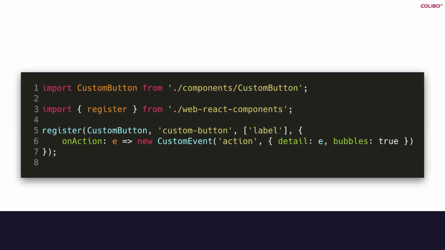So you see the third argument to the register call here is an array that has the string label in it, and that's because label is the property that we want to keep in sync. So I like that it's very explicit in what properties to keep in sync for us. I think that's very nice.